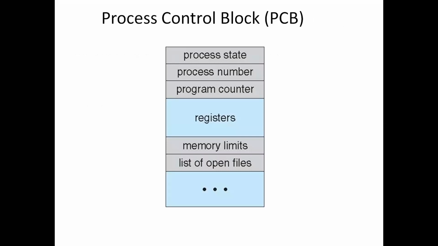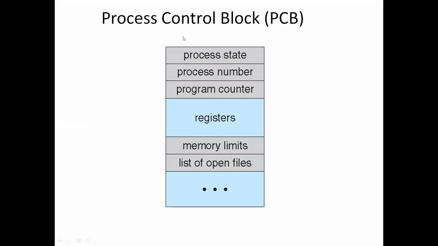The first one here is process state. Process state is nothing but the current state of the process, and this information will be stored in process state. The process control block will hold all this information: process state, process number, program counter, registers, memory limits, list of open files.